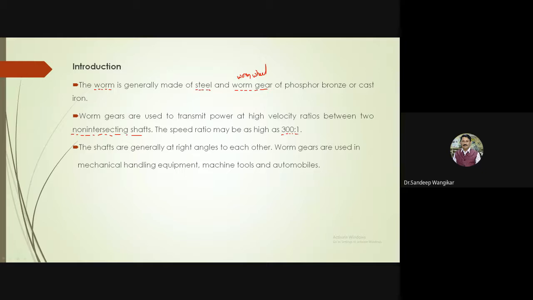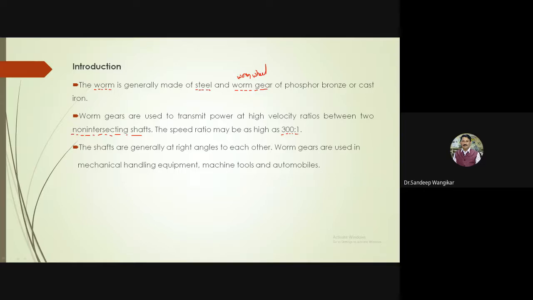The worm gears are used in mechanical handling equipment, machine tools, and automobiles. So the shafts are at right angle, and you might have observed the application of this worm and worm wheel in many mechanical handling equipment, machine tools, automobiles.